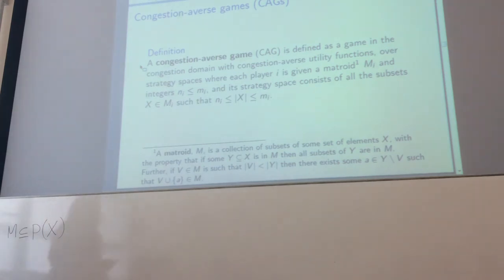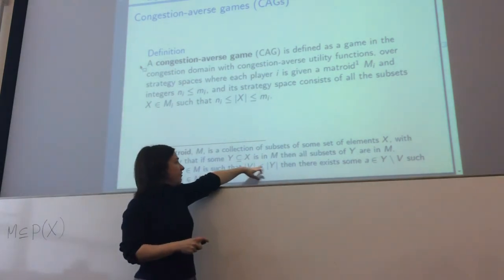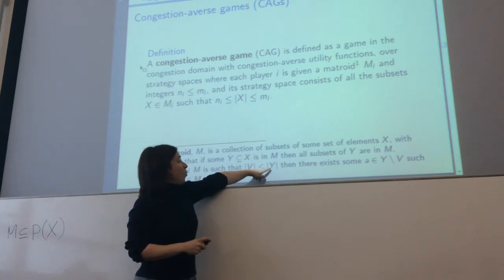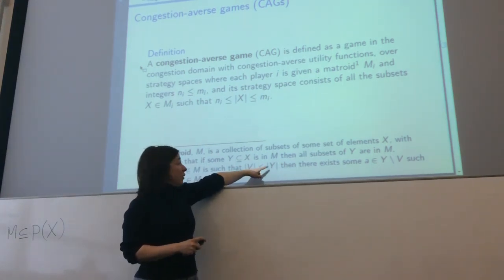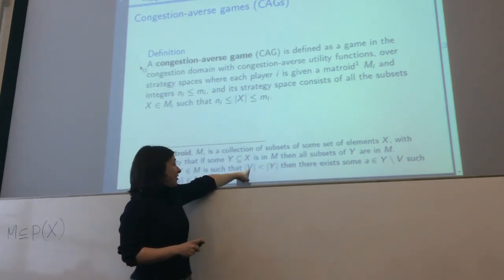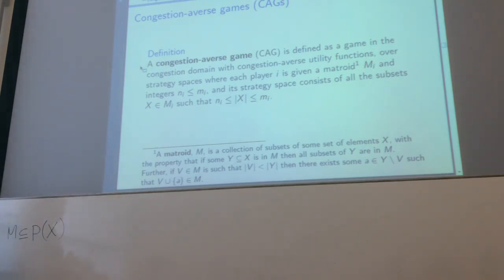And also if you have two sets V and Y in the matroid, so that Y is strictly larger than V, then you can always find an element in Y that you can add to V, and the result will be in the matroid again. So this is a subcollection of the power set with these properties.